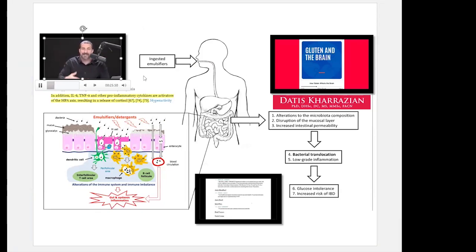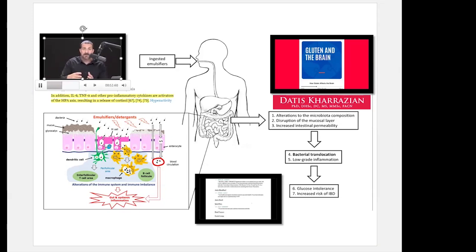The signals that actually shut down hunger are never actually triggered. And so as a consequence, you want to eat far more of these highly processed foods. In addition, if you then go from eating a highly processed food to non-highly processed foods, you're not able to measure the amounts of amino acids, sugars, and fatty acids in those foods as accurately. You've actually done structural damage, at a micro level, but structural level damage, to the mucosal lining of the gut.